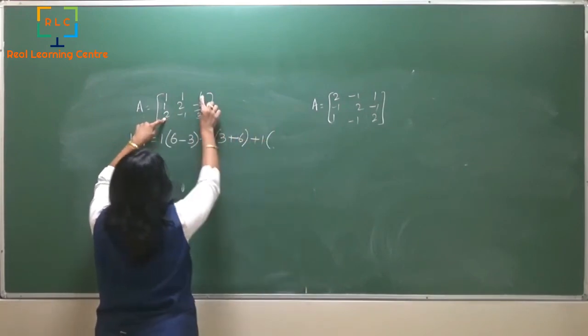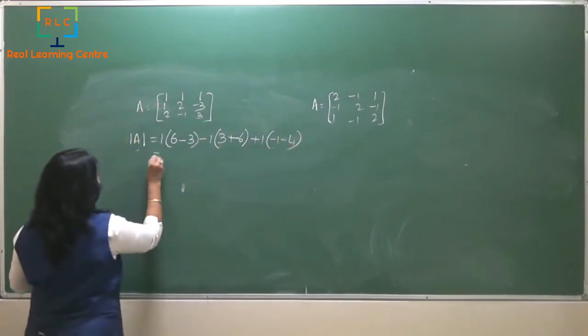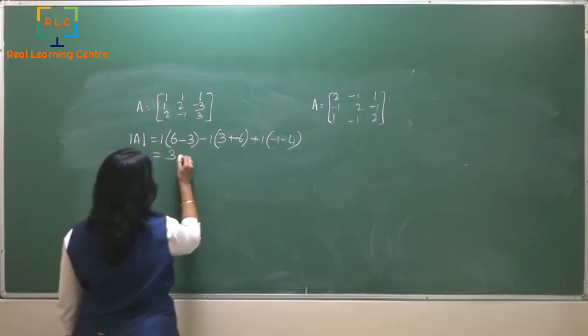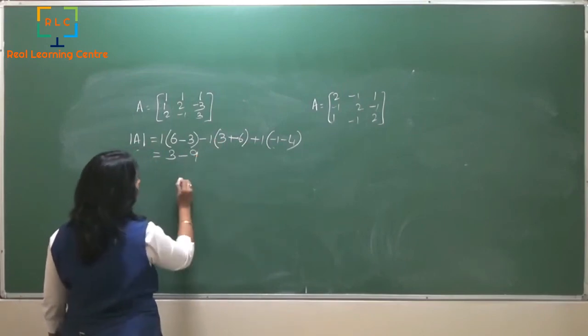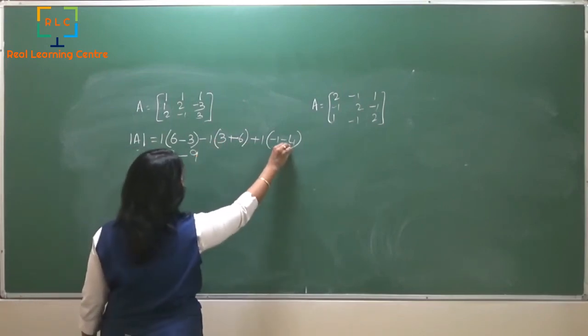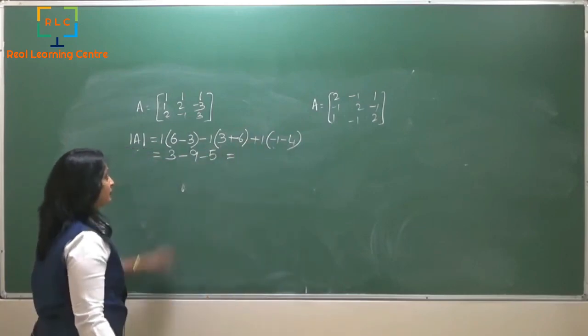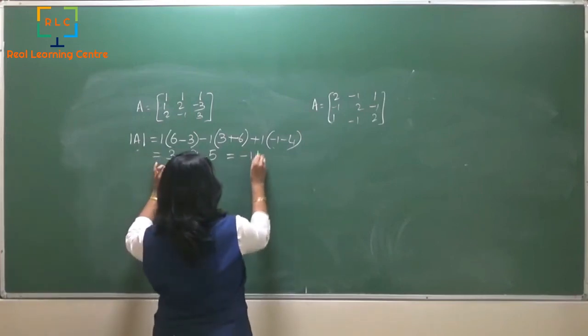Then plus 1 into, this will be minus 1 minus 4. So this is equal to 6 minus 3, 3 ones are 3, then 6 plus 3 is 9, 9 into minus 1 is minus 9, minus 1 minus 4 is minus 5, so this is minus 5. So what is the answer? 9 plus 5 is 14, minus 14 plus 3 will be minus 11.